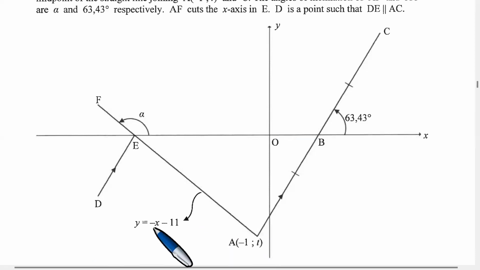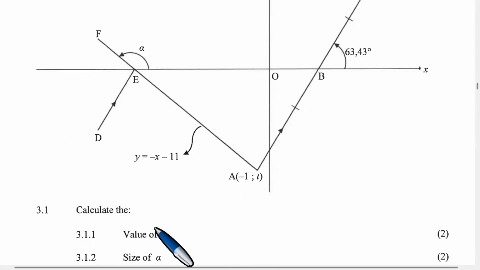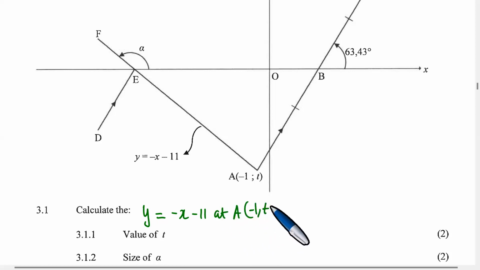What is the equation? It's y = -x - 11. So we're going to start by writing y = -x - 11. And it is at the point A with the coordinates (-1; t), with x, y. Y is t, so we put the y here, which is t.